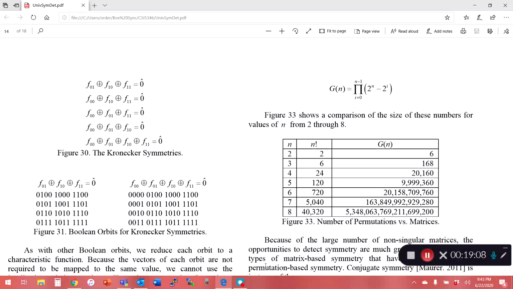It starts off relatively modest in size, but grows to a very prodigious size very quickly. So the fact that we have so many more matrices than permutations is really an intriguing idea, especially when you get into the larger numbers.